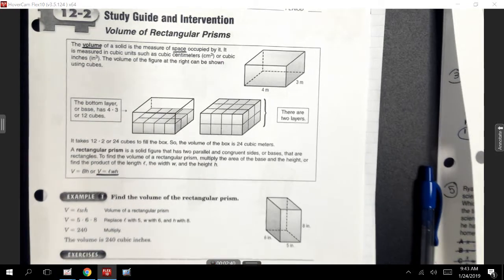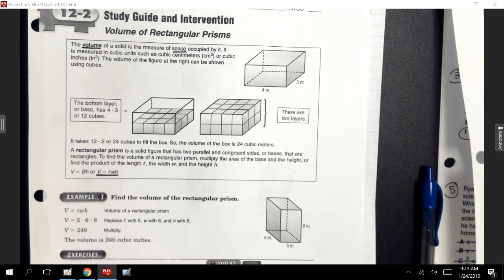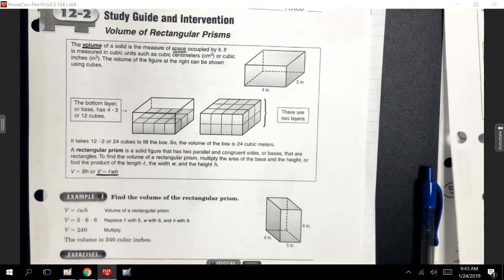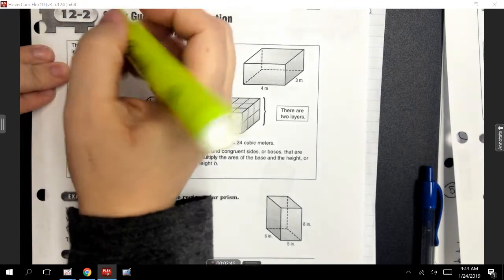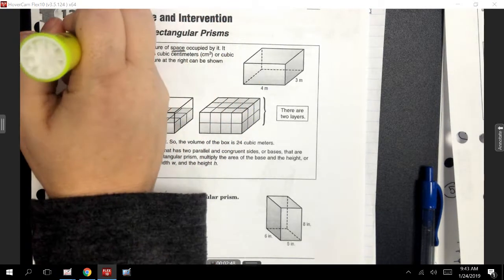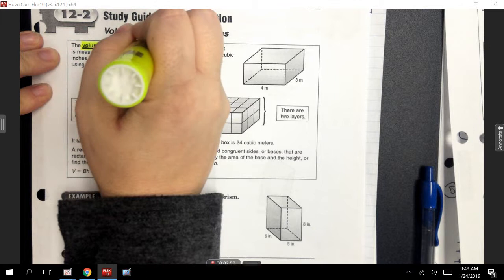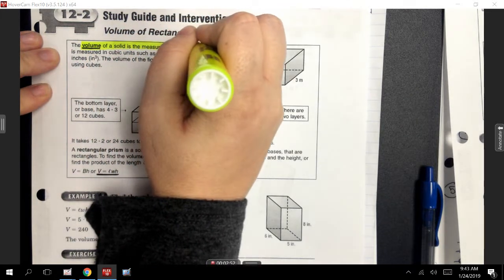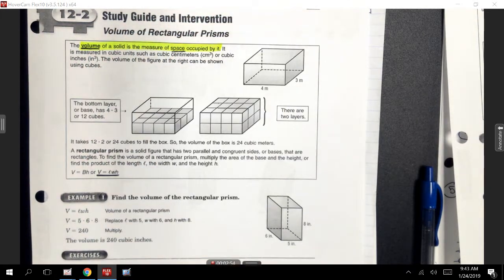All right, so this very first sentence on our notes for today says that the volume of a solid is the measurement of space occupied by it. So that space in the swimming pool of water, that's my volume.